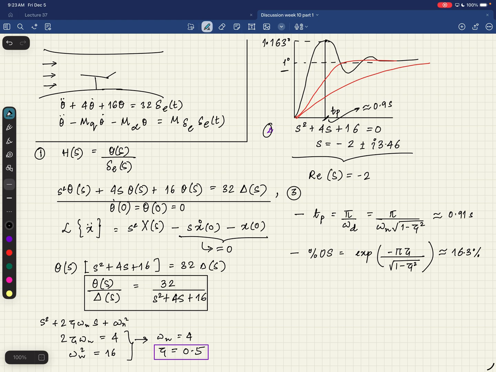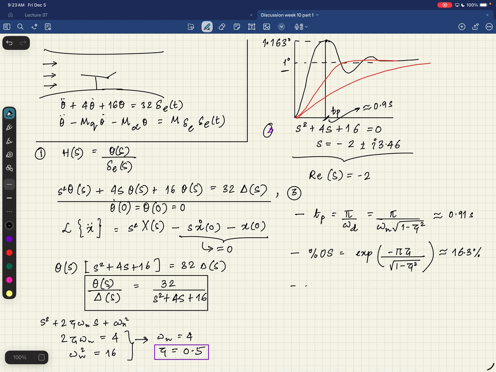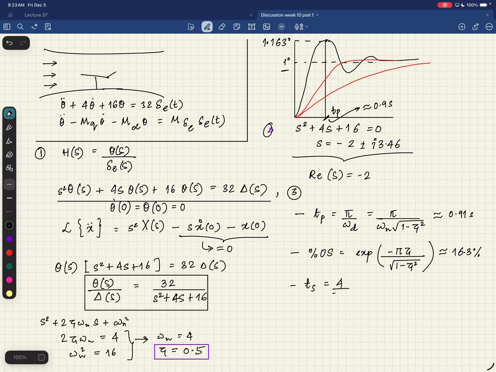Next thing is settling time. Remember that this formula of settling time, 4 over zeta omega n, is based on something called the 2% criterion. 2% criterion means if I had given a step input of 1 degree, then when does the system attain 0.98 degrees and does not go below that, only keeps going towards 1 degree.